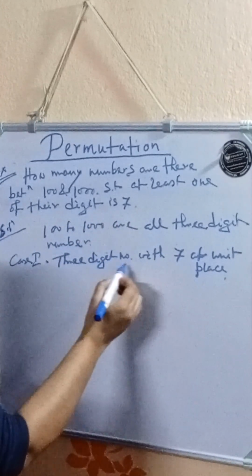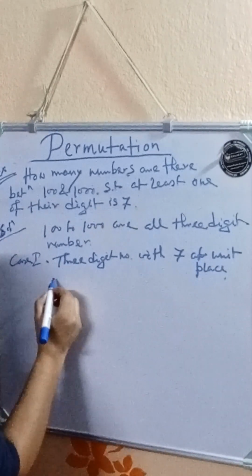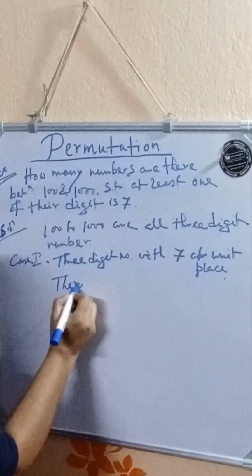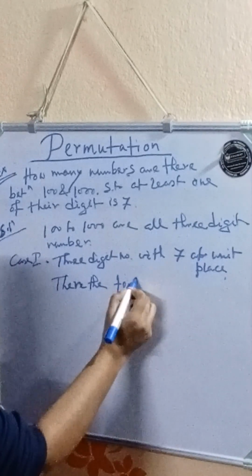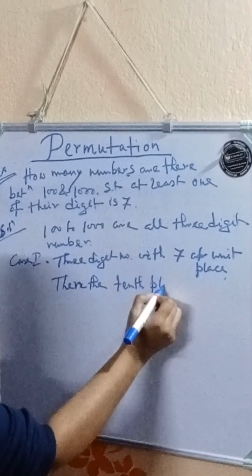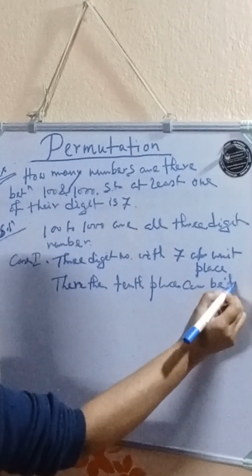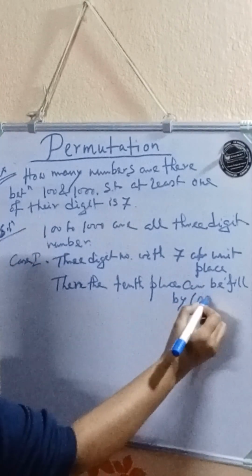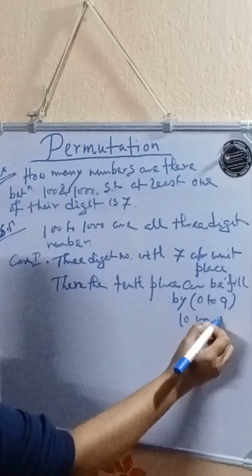If we take a 3-digit number with 7 at the unit place, then the 10th place can be filled by 0 to 9, means 10 ways.